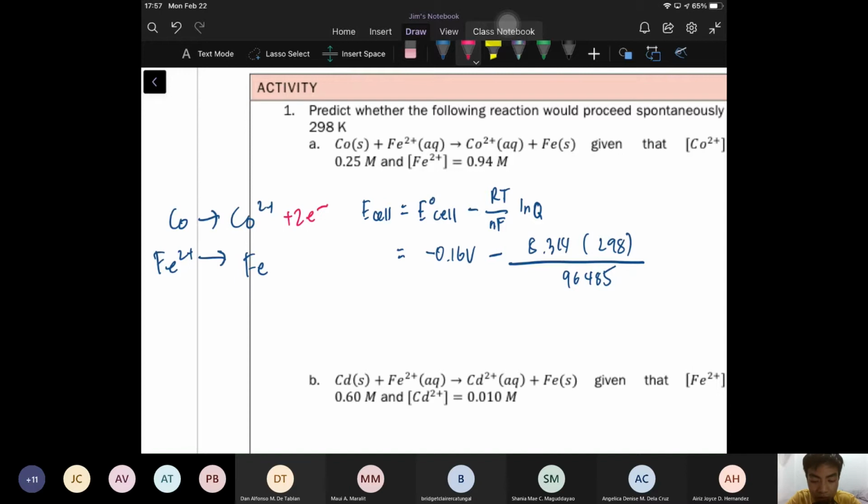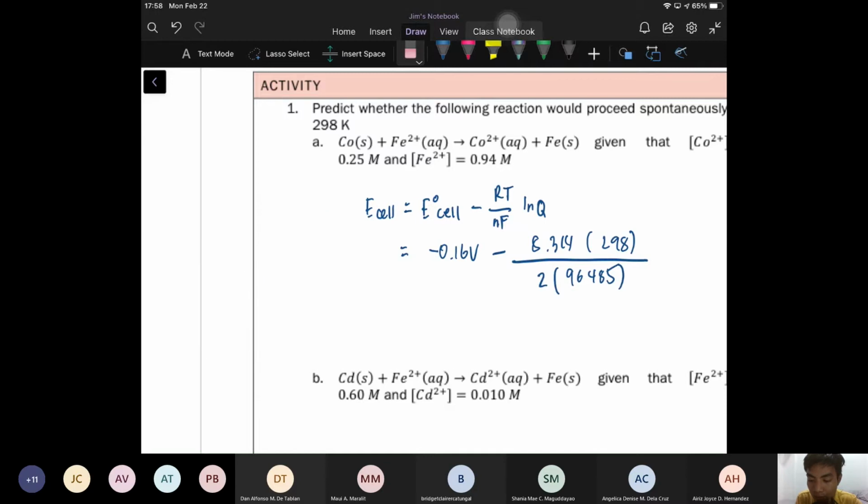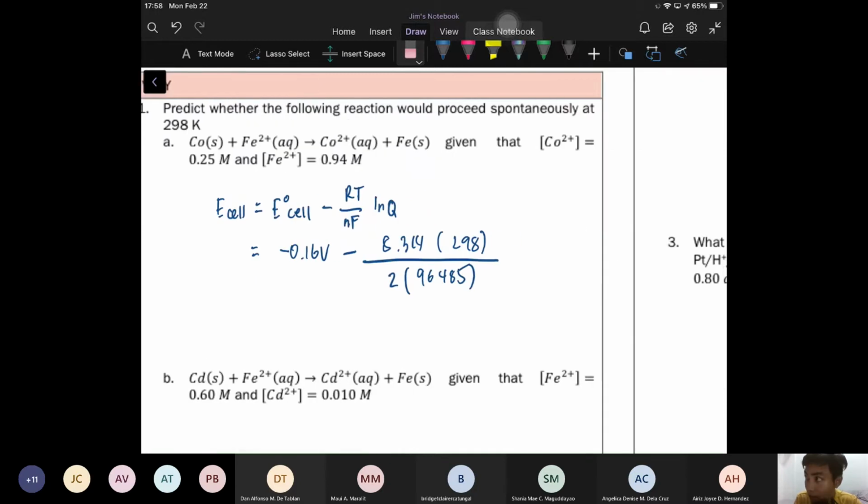Sa baba, ganun din, although nasa left yung positive 2. So, dito ako maglalagay ng tig-2 electrons. Okay. So that means the moles of electrons needed for this reaction is 2, no? According to the balancing na ginawa natin. Okay. So ayan. So we have R, T, and F.